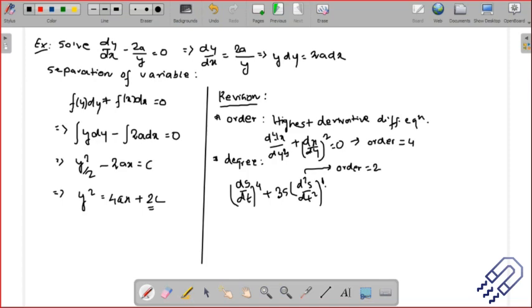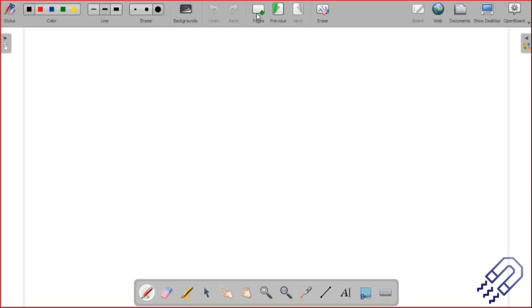This power is actually called the degree. So whatever is the highest order, the power of that highest order will be your degree. That's the difference between order and degree. Try to remember this. Order is very easy, degree sometimes we get confused. So you have to see which one has the highest order, and what is the power of that particular order. That will give you the degree. This is one more thing that we should know.